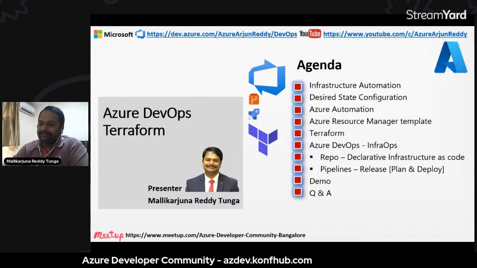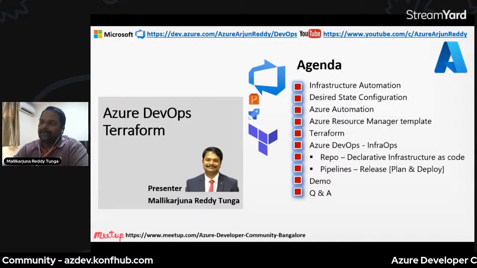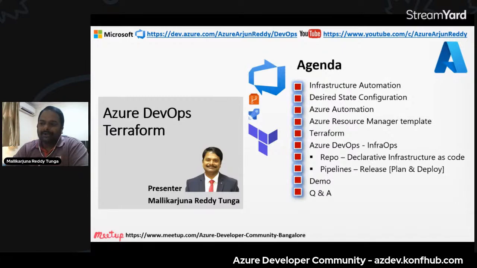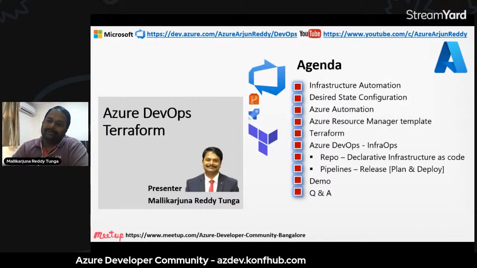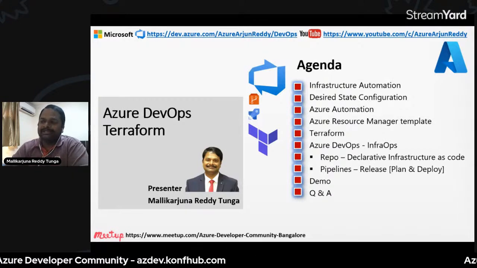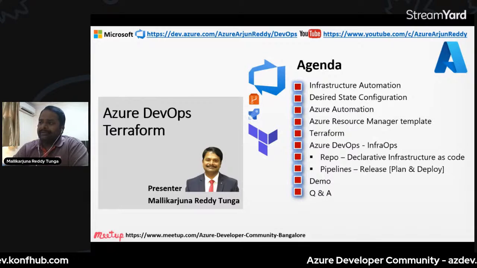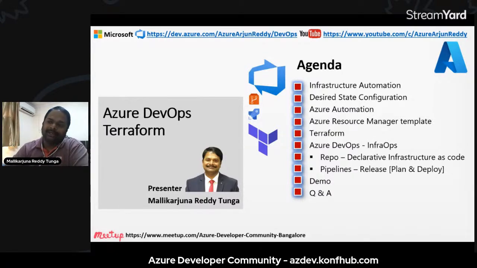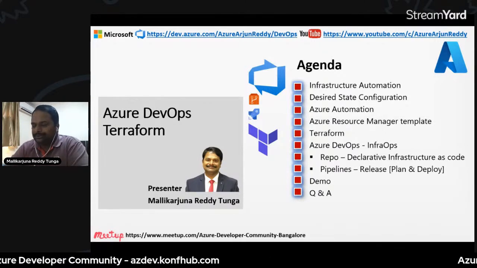Today's agenda: we'll see what infrastructure automation is, why it is required, what desired state configuration is, and when it comes to automation in Azure, what we have, and why we would go for Terraform and DevOps. In Azure we have Resource Manager templates, so we can do automation using ARM templates with Azure DevOps too.